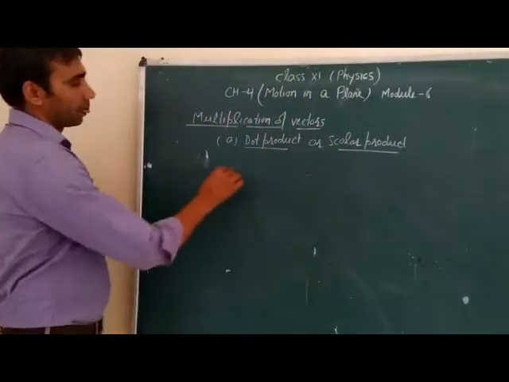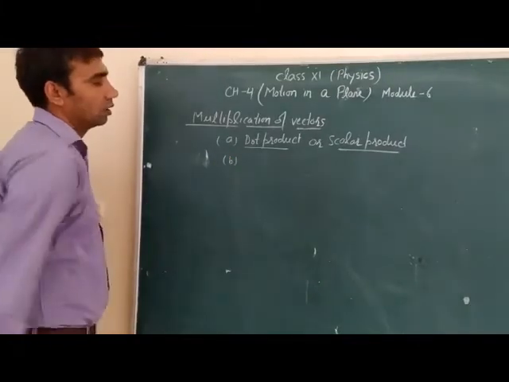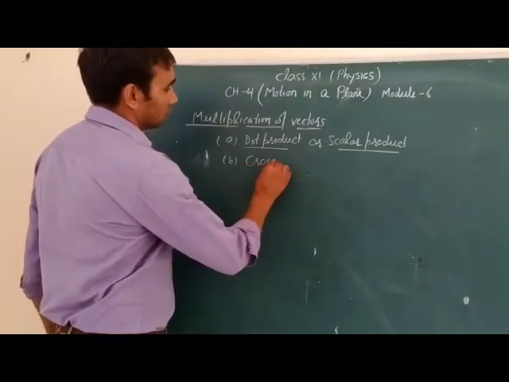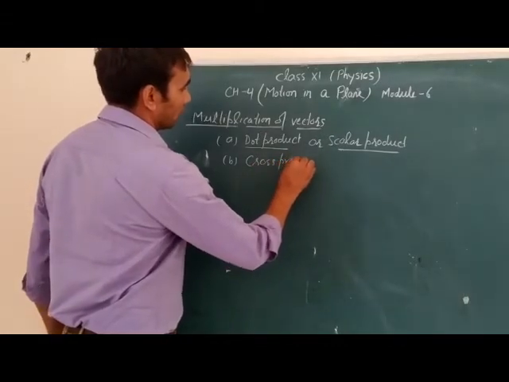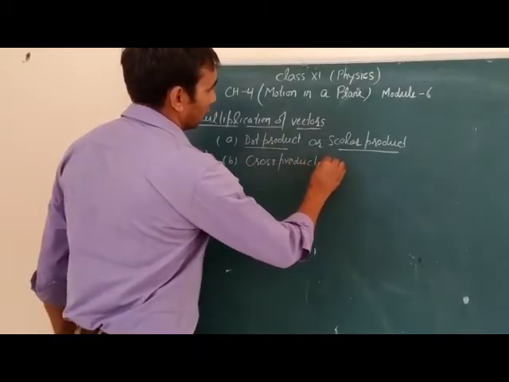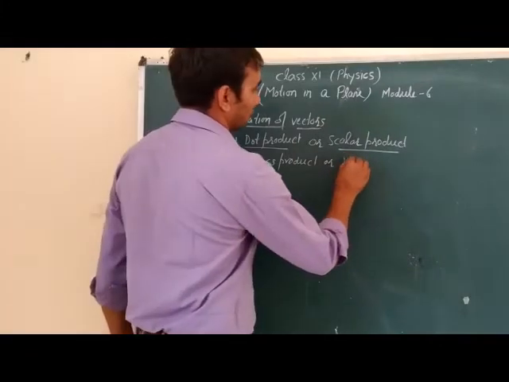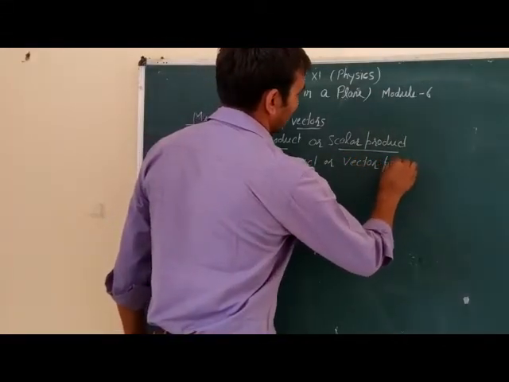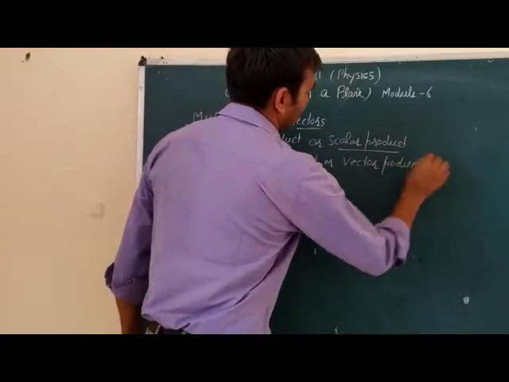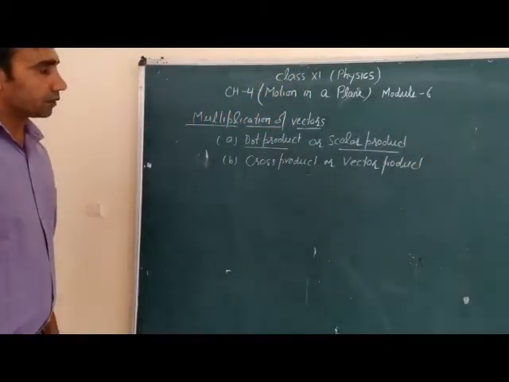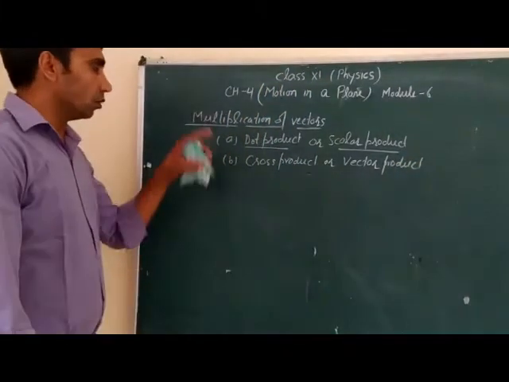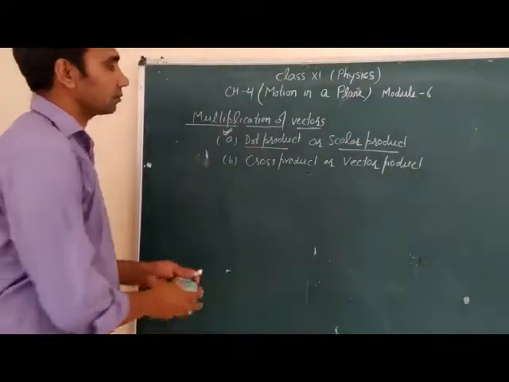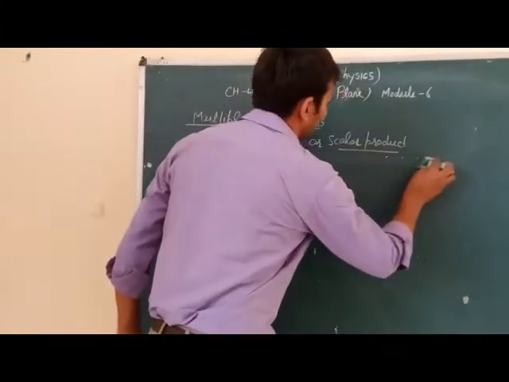In the second rule, we discuss the cross product or vector product. So one by one we will discuss both. The first one is the dot product of vectors, or scalar product of vectors.